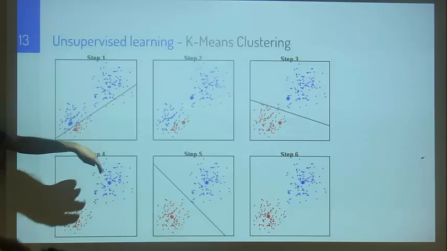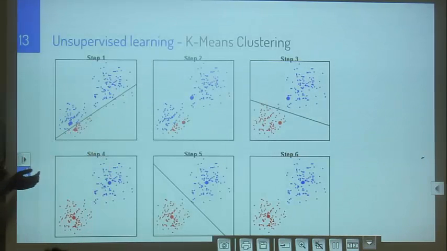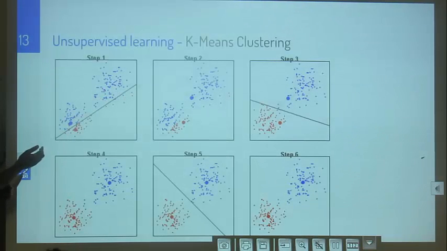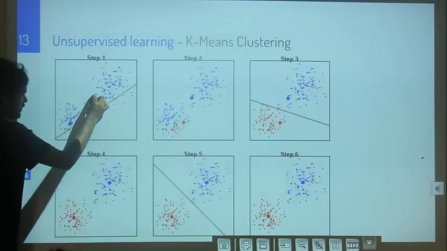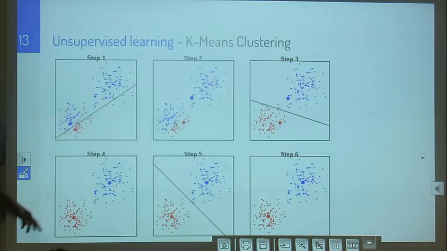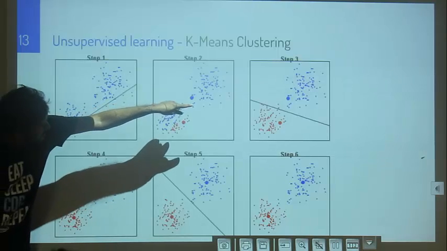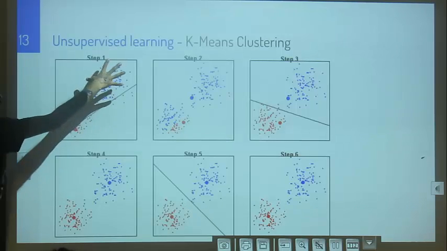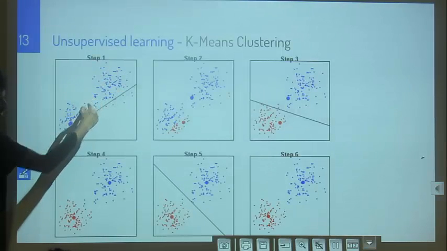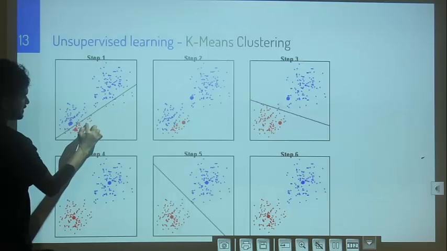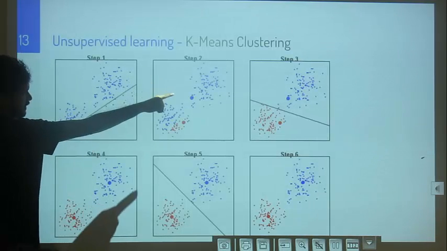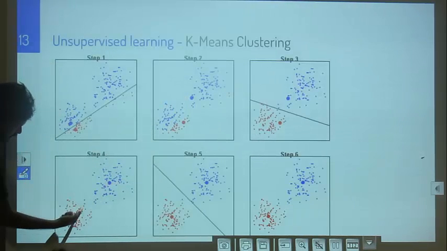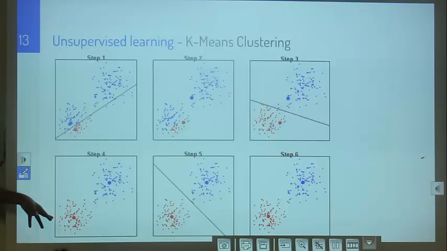So we get another 2 points. So what we do is when we divide this by this line, right? We move this point to some midpoint here and here, and even in there, what we do is we move the point to the middle. So we move this point to the middle of this cluster, and we move this point to the middle of this cluster, right? So likewise, we move this point to the middle of this cluster and move the red point to the middle of its cluster, right?